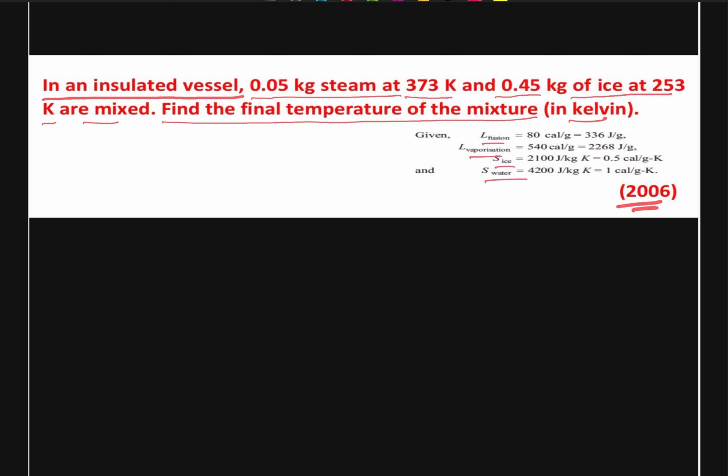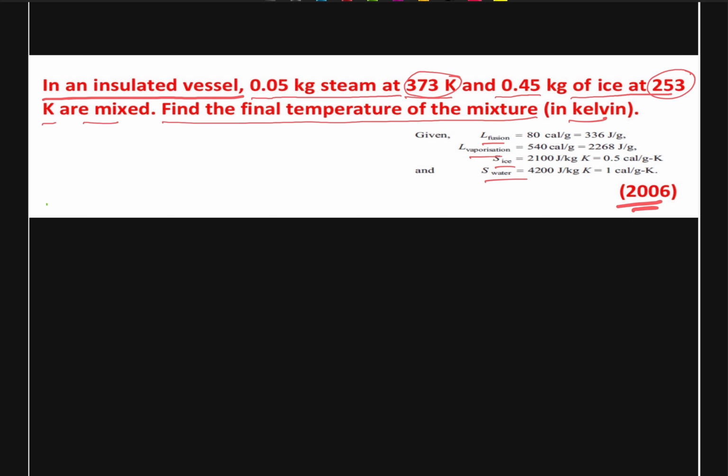In this case, we know that our ice is at 253 Kelvin and its temperature is going to rise.